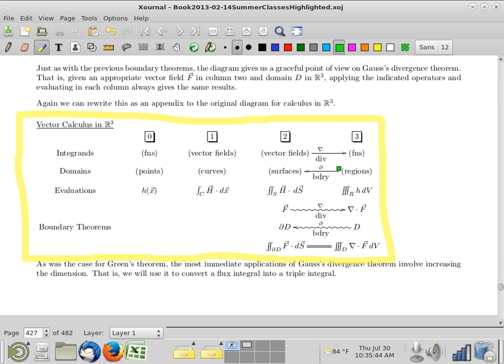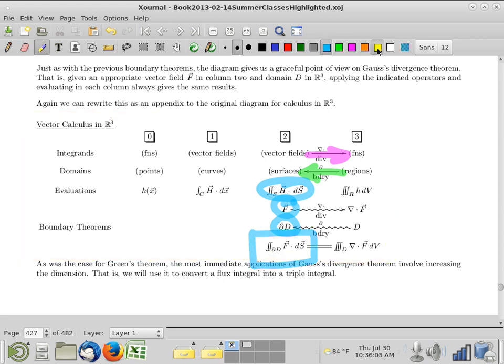Remember, our whole goal here is we were taking boundaries of solids. We have now found the operator, the divergence operator, such that when you do flux of a vector field through that boundary, you get as a result a triple integral of this divergence operator through the original solid.